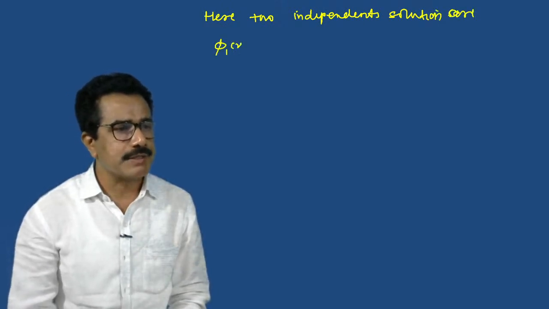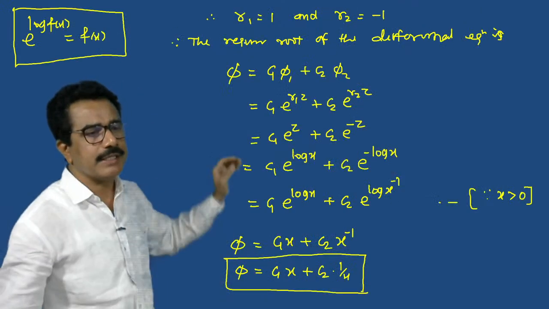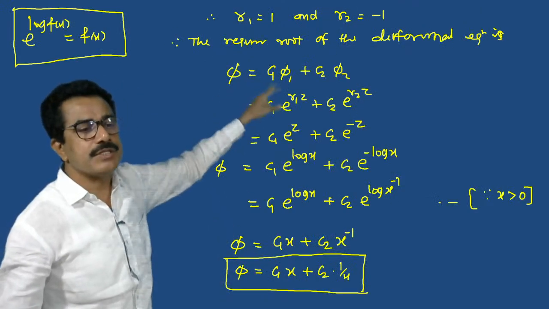Actually a solution looks like c1 phi1 + c2 phi2.